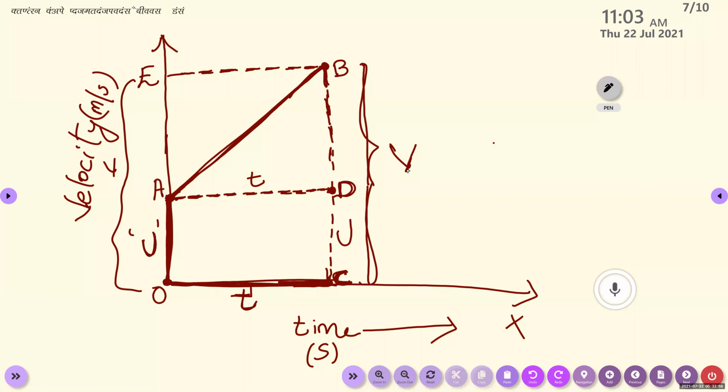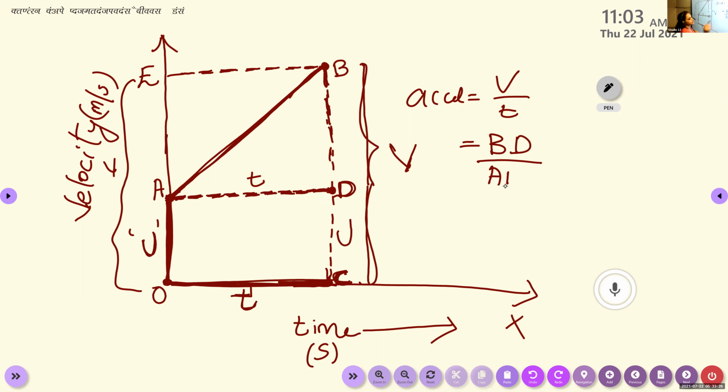Fine. Here we have a slope. Yes. How can we find out the acceleration from the graph? Acceleration is equal to velocity divided by time. And which portion represents the velocity here? Here we have a slope, BD and AD. BD, very good. BD represents the velocity, and which portion represents the time? AD.